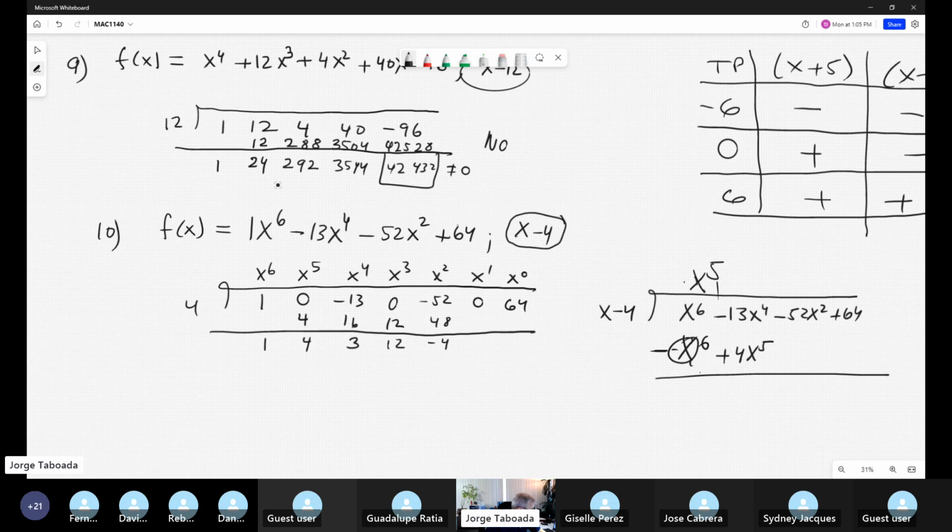Now the multiplication is minus 16. You combine minus 16, and minus 16 times 4 is minus 64. Again, it's 0 remainder, therefore the answer is yes, according to the zero factor theorem. This is the application of the zero factor theorem.